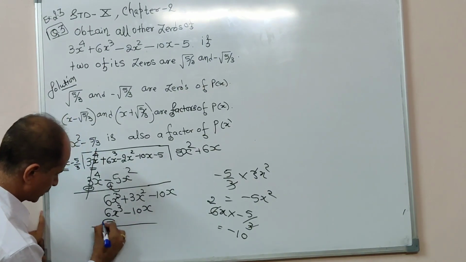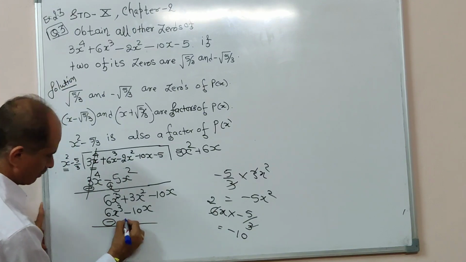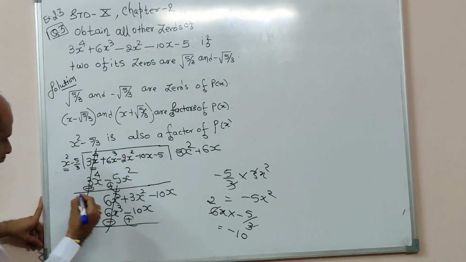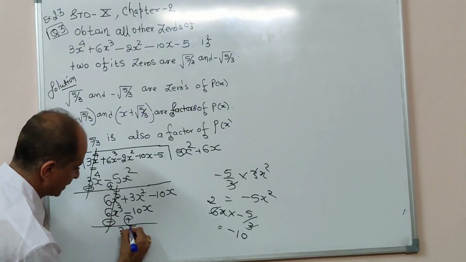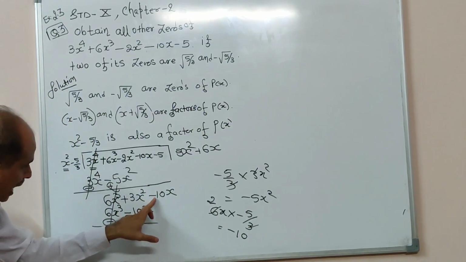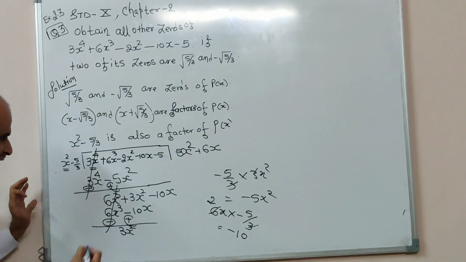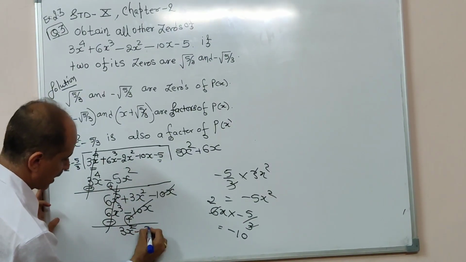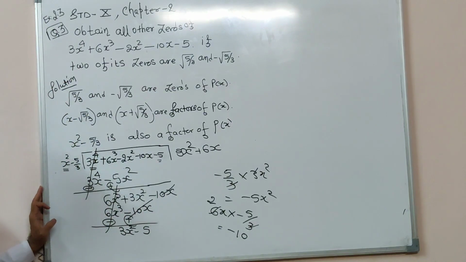Again you take this minus, minus becomes plus, these cancel out. Now 3x square as it is. Now this is minus 10x and plus 10x, you can cancel this. Now you have to take minus 5 from the dividend.